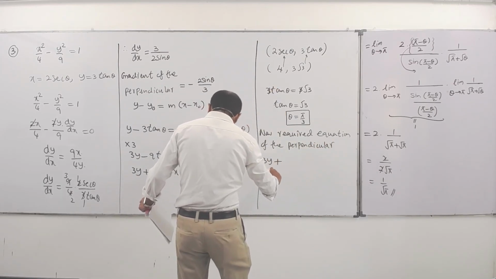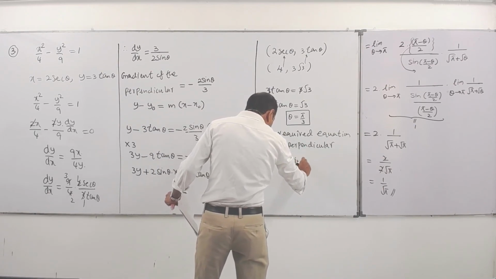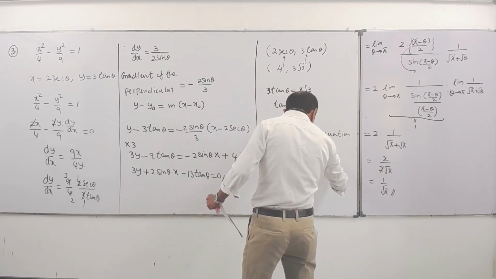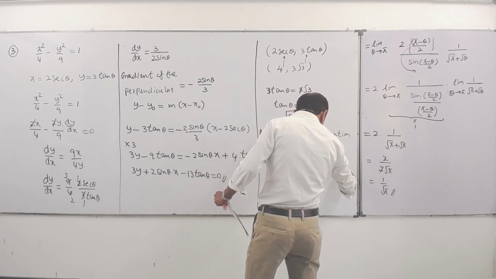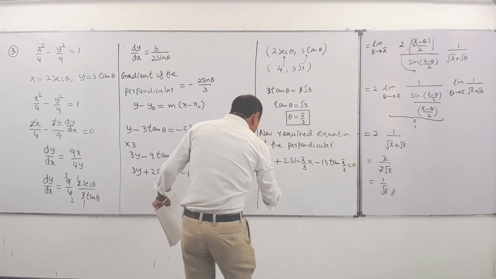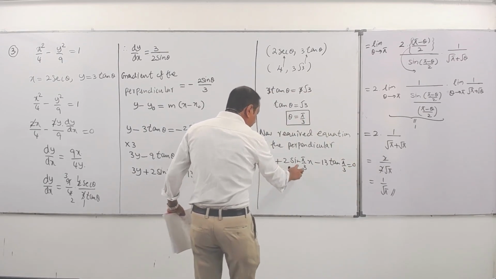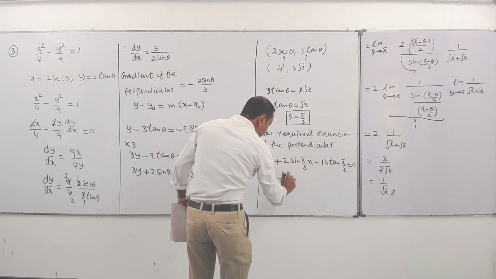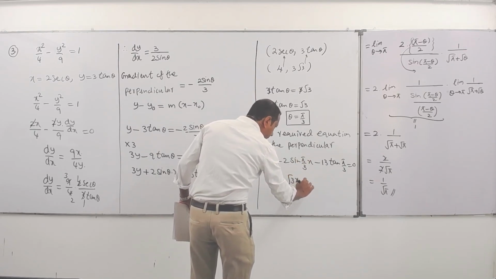3y plus 2 sin pi by 3 x minus 13 tan pi by 3 equals 0. 3y plus sin 60 is root 3 by 2. This and this we can cancel down. Then we get root 3 x.